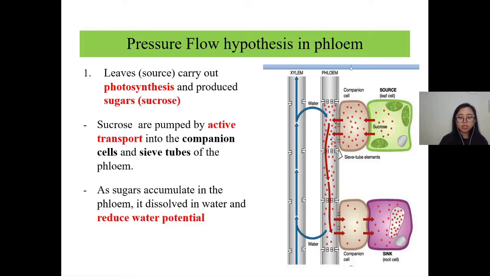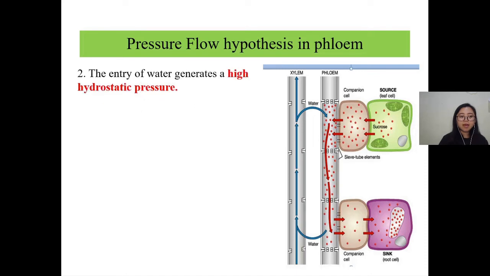So water potential in the phloem here will be reduced. Kalau water potential kurang, apa yang berlaku adalah air masuk. Water from the xylem will enter the sieve tube via osmosis. So water enters the sieve tube via osmosis here. The entry of water will generate a high hydrostatic pressure.